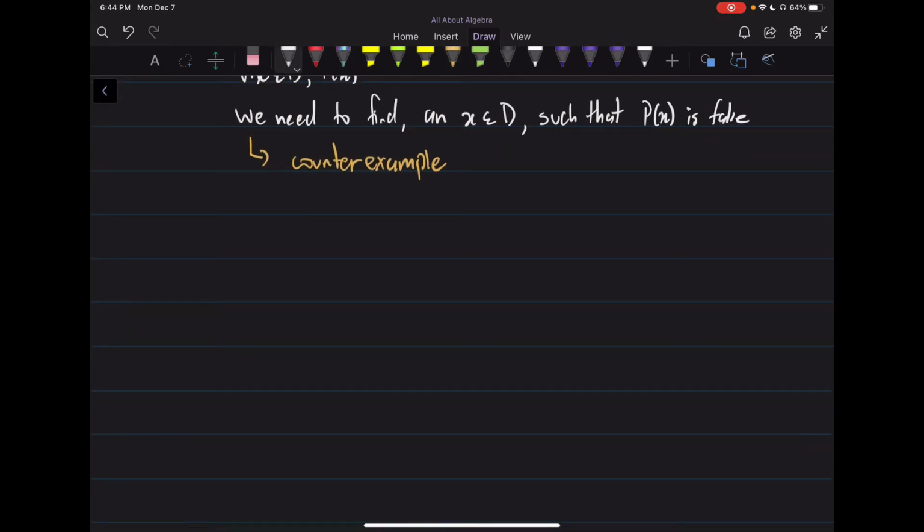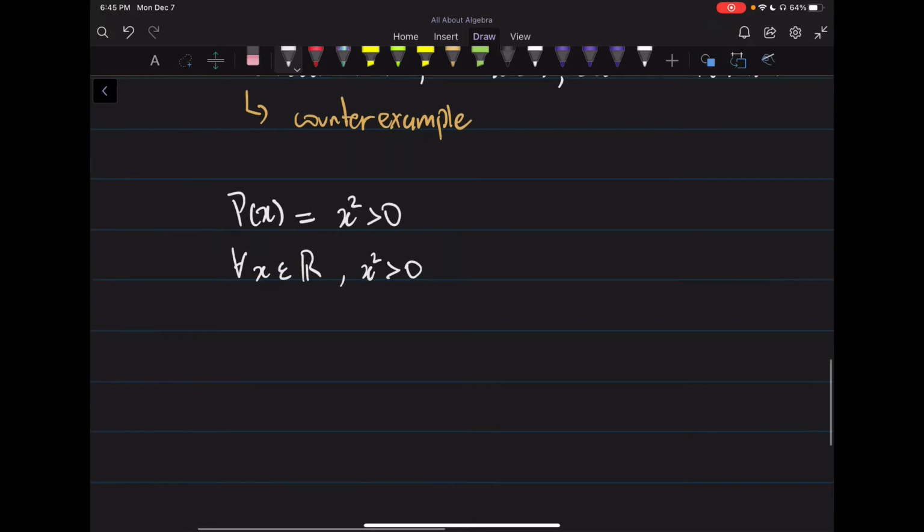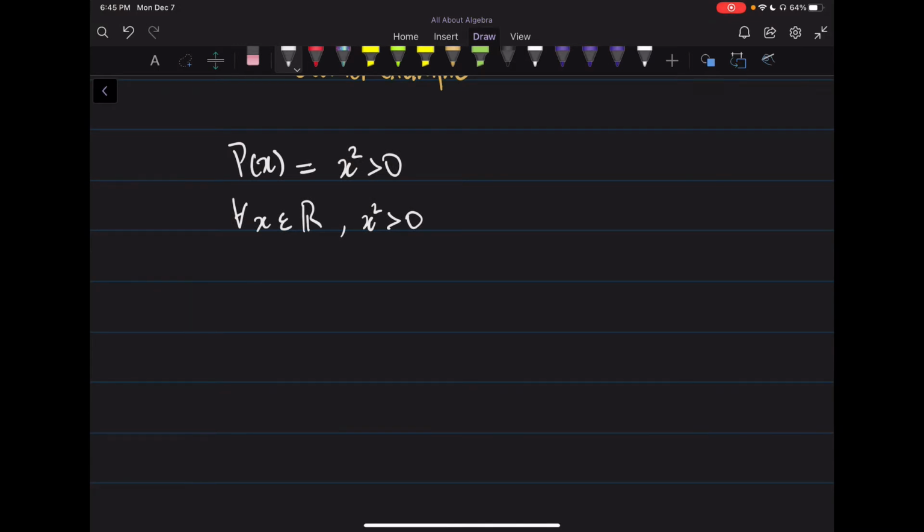So again, let's consider an example. Let's consider where we have p of x is x squared greater than 0, and let's say our domain is all real x's. So for all real x, x squared is greater than 0, right?